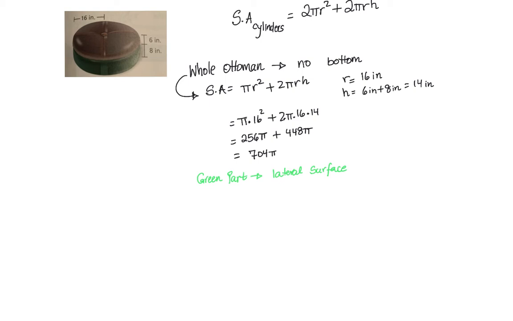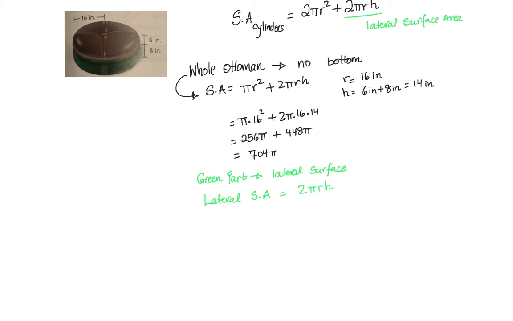Now, recalling from our formula, the second part is the lateral surface area, so I'm going to go ahead and use that. Lateral surface area is given by 2 pi r h.